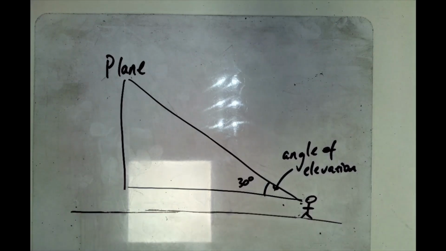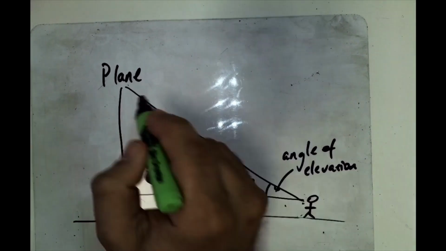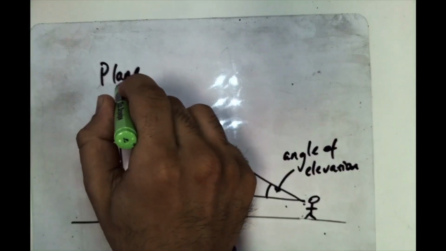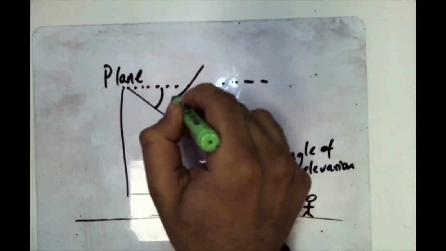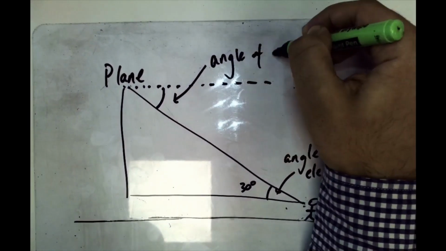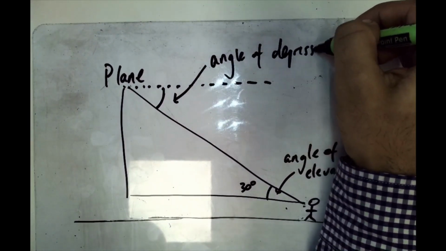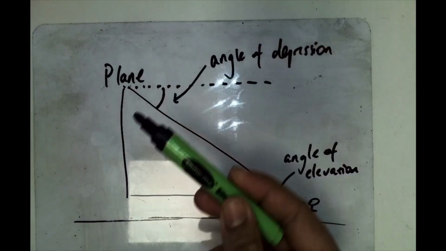Okay, and the angle of depression of the plane, so the plane's flying, how far the plane has to look down, if I just draw a dotted line here, this here would be called the angle of depression. Okay, so that would be how far the plane has to look down.